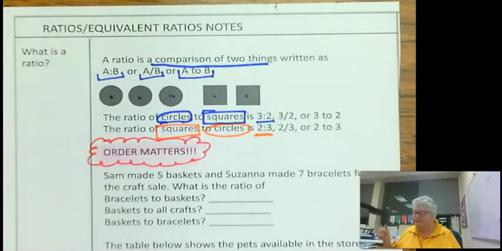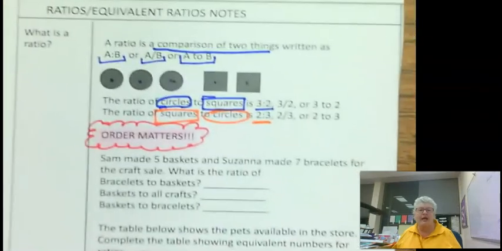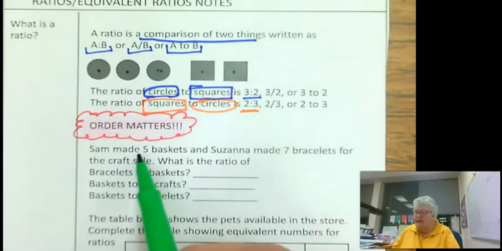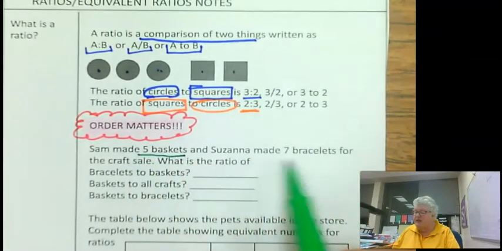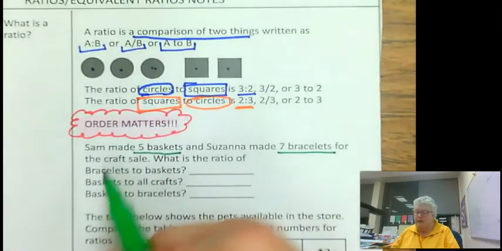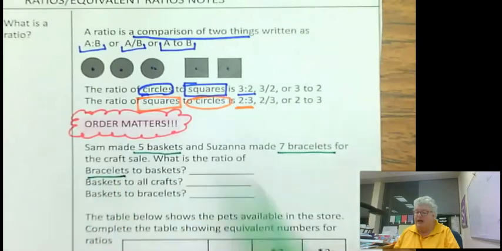All right? Now, let's go ahead and write some ratios. So I've got Sam made 5 baskets and Susanna made 7 bracelets for the craft sale. So what is the ratio of bracelets to baskets? Order matters. How many bracelets do I have?